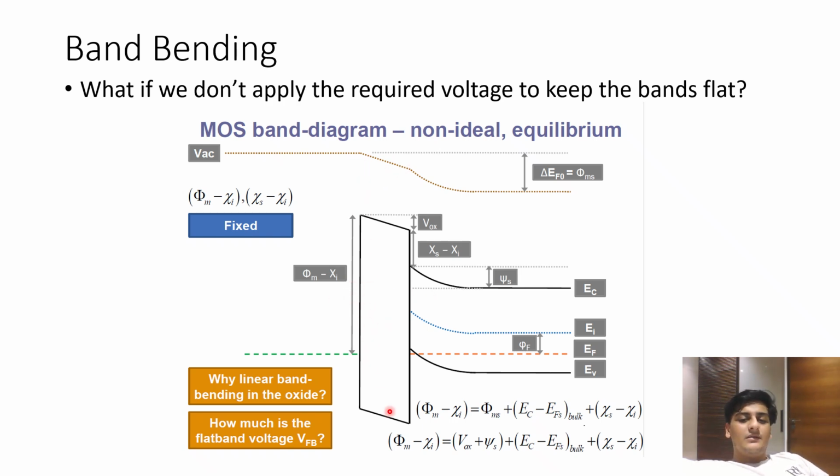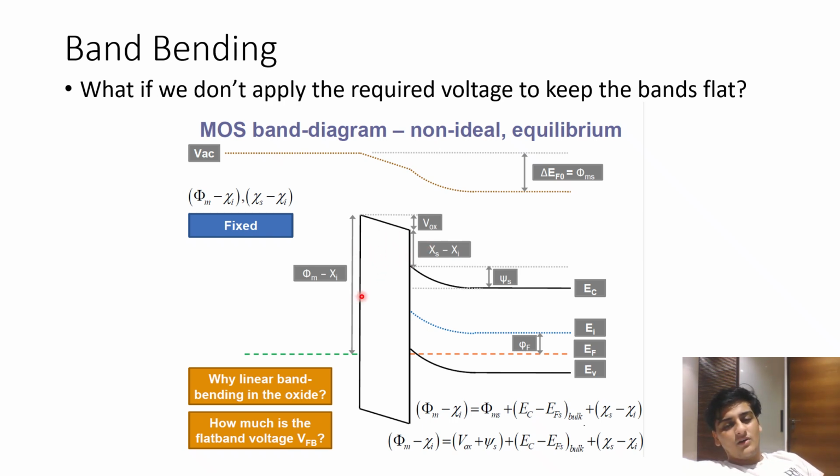Now this oxide or insulator is of such a type that you can have charge on its left, you can have charge on its right, but you can't have charge inside it. Which means that the electric field, according to Gauss's law, if you take any surface inside it, the electric field going in has to be equal to the electric field coming out, because you won't have any accumulation of charges inside the oxide.